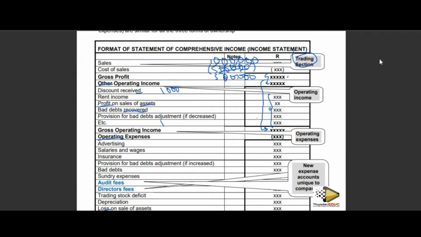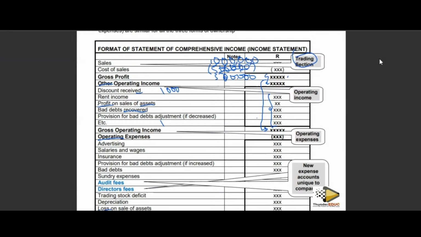Billboards you see on the road are not there for free; you have to pay the government. Printing flyers for your business, TV adverts, there are so many ways of advertising. Whenever you advertise for your business, we write it as an expense.